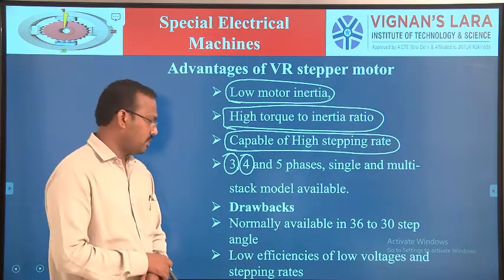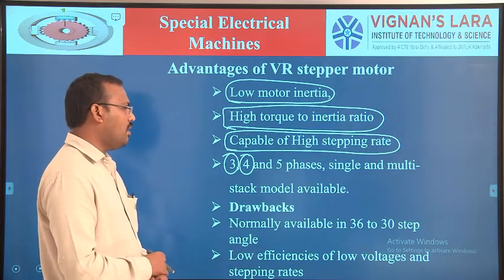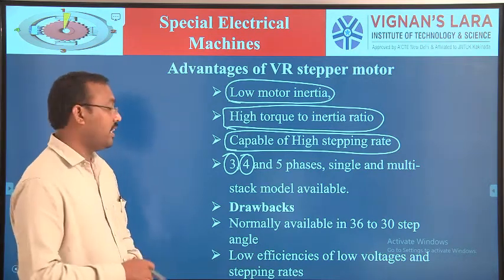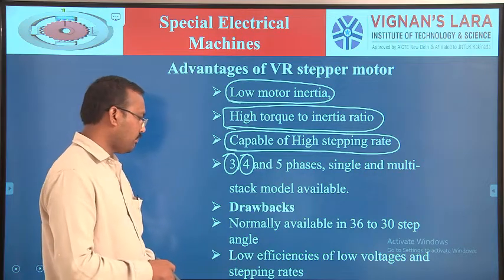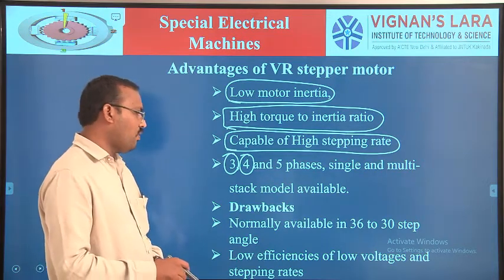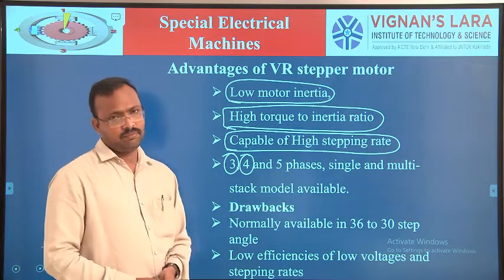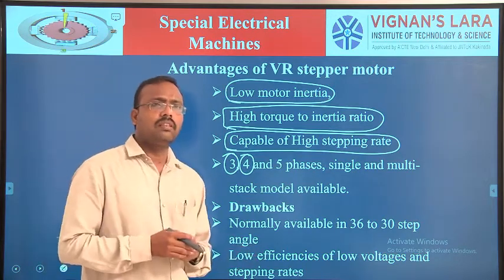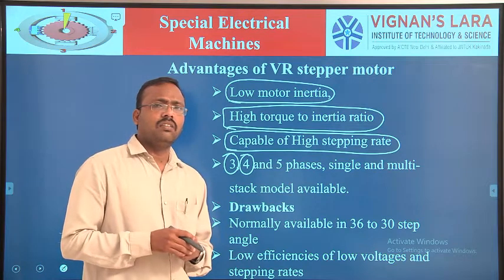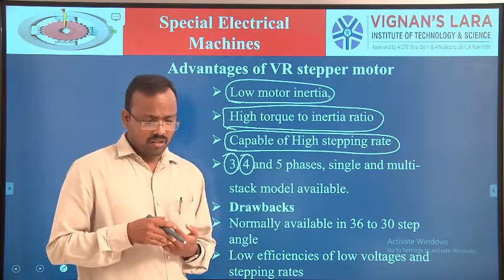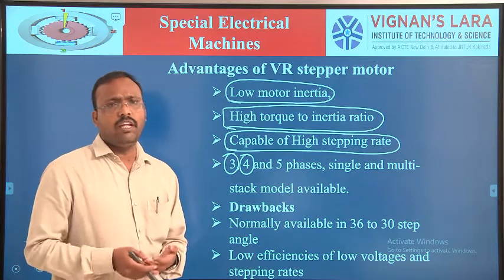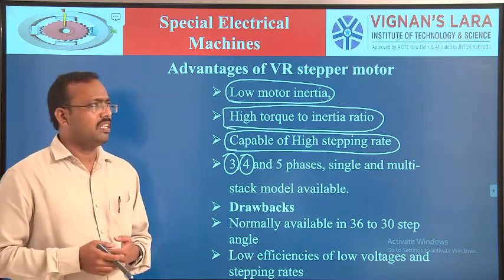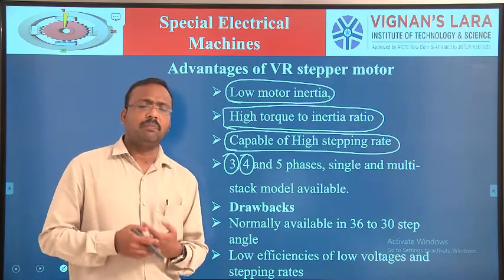What are the drawbacks? Normally available in 3.6 to 30 degree step angles, with low efficiency at low voltages and low stepping rate. This means that if the stepper motor operates at a lower stepping rate, it gives lower efficiency. If you want higher efficiency, the stepper motor should operate at a high stepping rate.